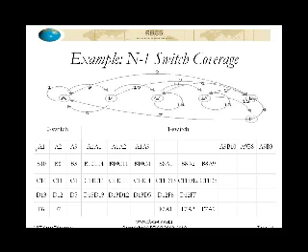Now, the number of rows in the table corresponds at most to the number of states in the diagram. Okay? So here you see, this is the A row, B row, C row, D row, F row.